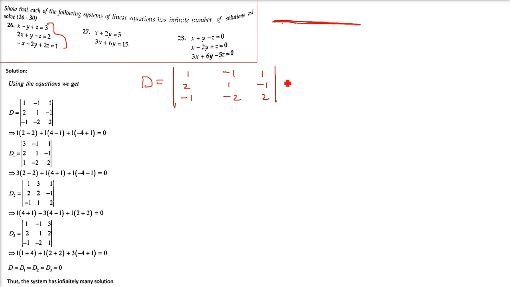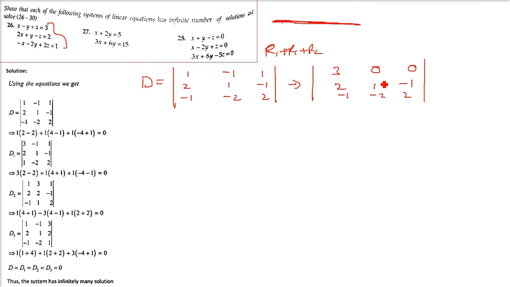Let us compute it. You can add the first row and second row: row 1 changes to row 1 plus row 2. 1 plus 2 is 3, minus 1 plus 1 is 0, 2 plus minus 1 is 1. The other rows are 2, 1, minus 1 and minus 1, minus 2, 2.